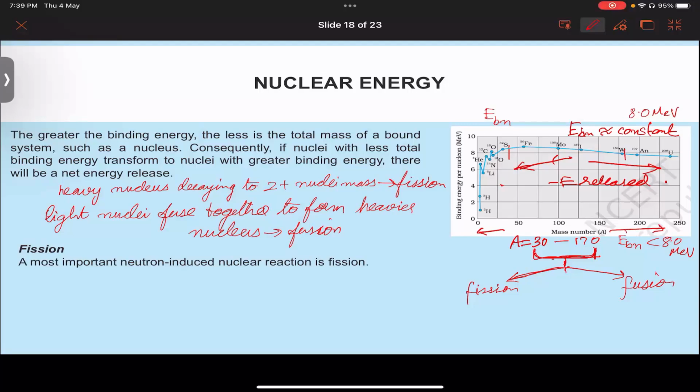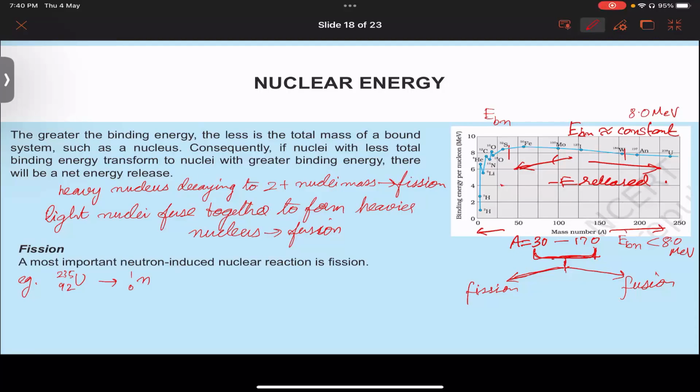The most important radioactive or nuclear reaction is actually the fission. We use fission in our nuclear reactors the most. The most common example is when uranium 235, 92 is bombarded with a neutron.